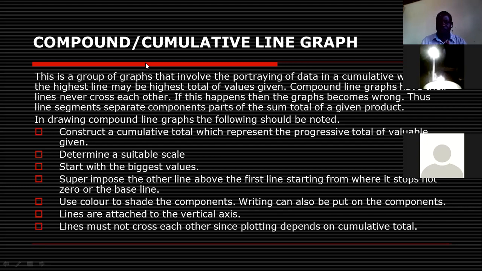So students must know that when you are given data and asked to come up with a compound or cumulative graph, you should be able to construct a cumulative table, which helps you make additions of the information. I wanted to first clear that before we go through this.